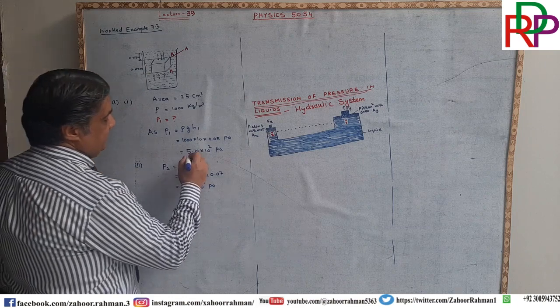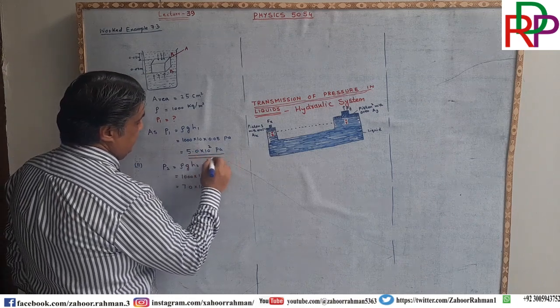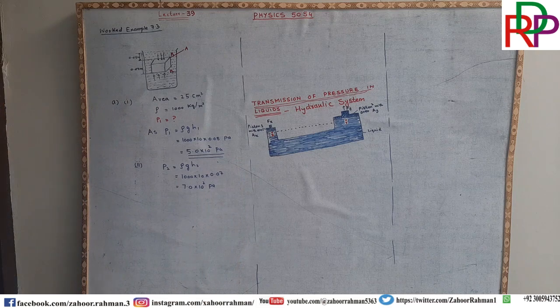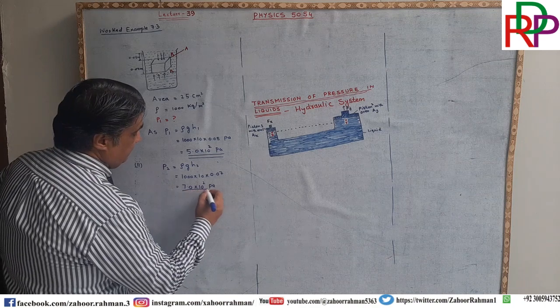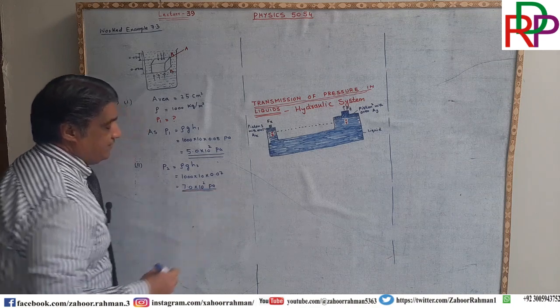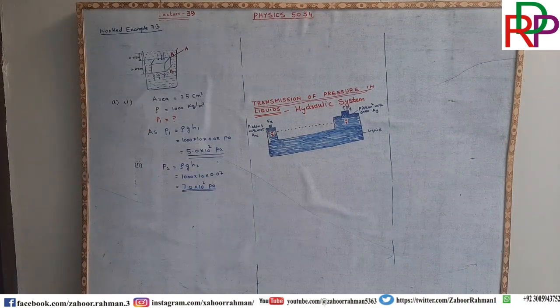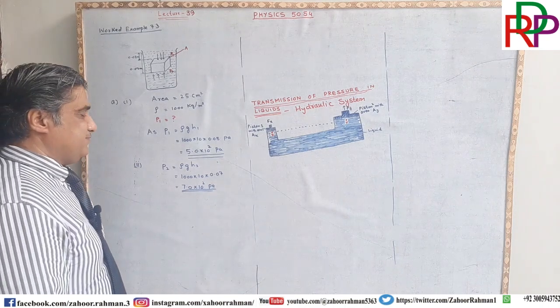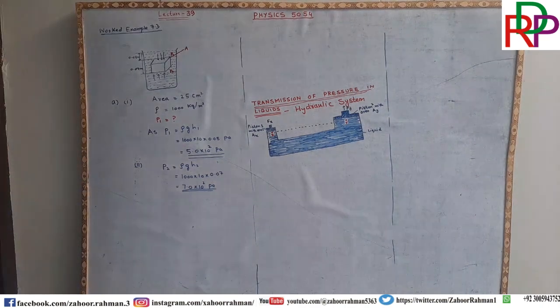The pressure at the top surface is 5 into 10 raised to the power 2 Pascal, while pressure at the bottom surface is 7.0 into 10 raised to the power 2 Pascal, which is confirming our explanation that pressure increases as the depth increases.